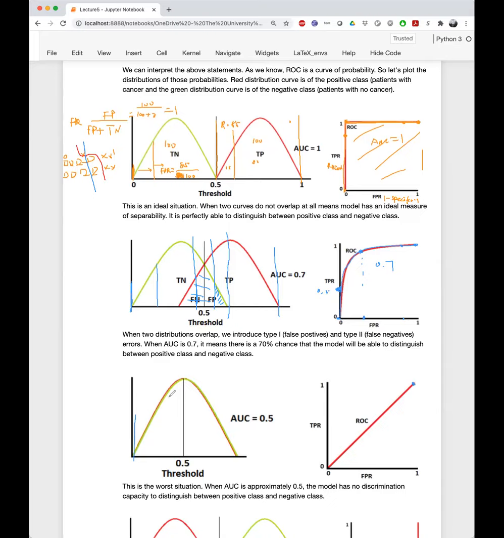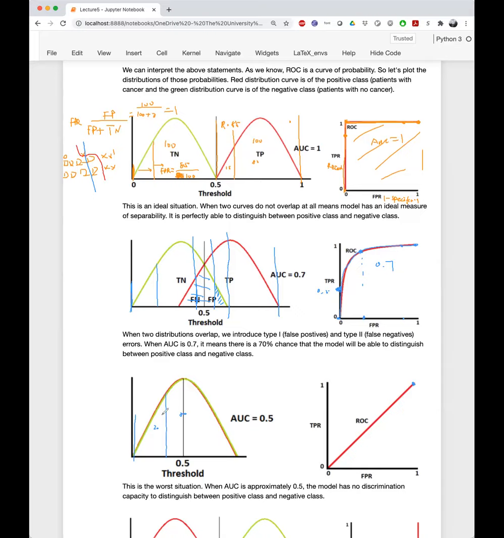Let's move it to here. The threshold is about 0.35, something like that. And let's look at the recall. Since we can't capture all of the positive cases, it's about 20%, 80%. So the recall is about 0.8. And what's the false positive rate? The false positive rate is also 80.